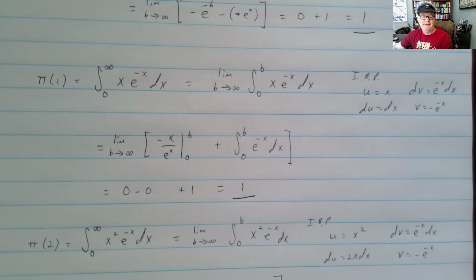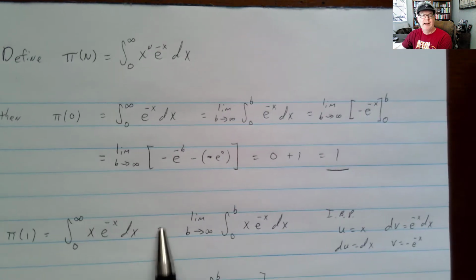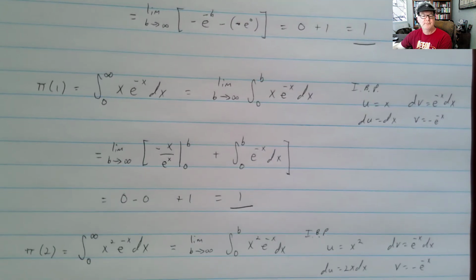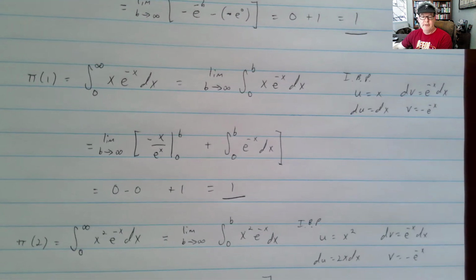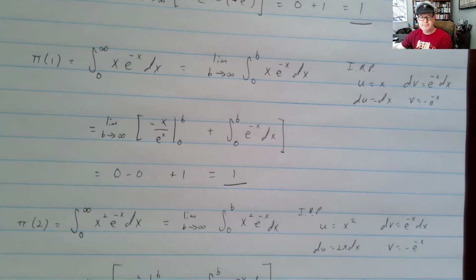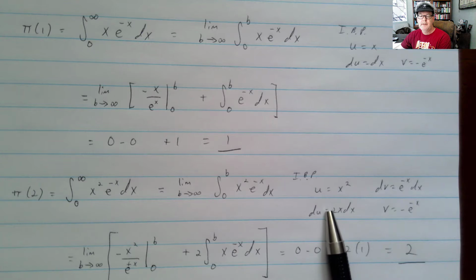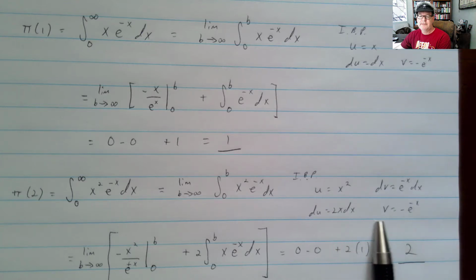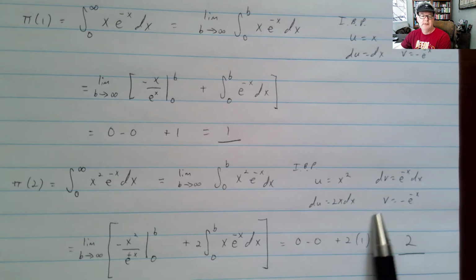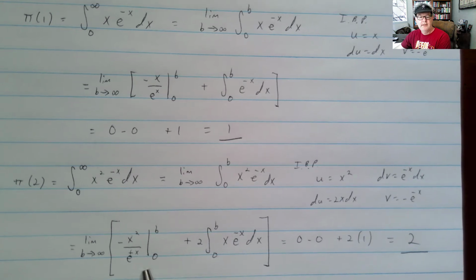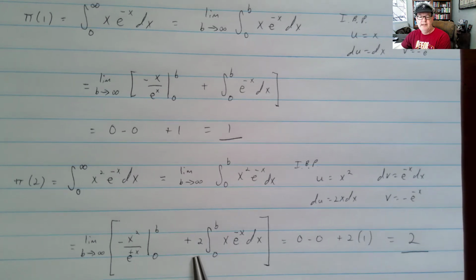So let's look, if I plug 2 in for n, so now it'll be x squared e to the negative x for my integrand. Then I've got that integral. Again, I'll have to integrate by parts. u will be x squared, du will be 2x dx, dv is going to be, once again, e to the negative x, so v will be negative e to the negative x. So we get uv, which I'll write this way, minus the integral of v du.